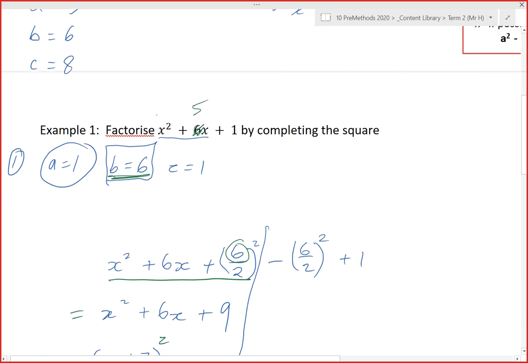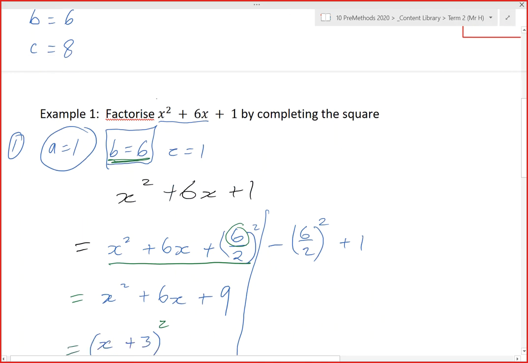So our original phrase was x squared plus 6x plus 1. I've just added a term and I've also minused that term. So I've added 9 and I minus 9. Okay? So they still equal each other.